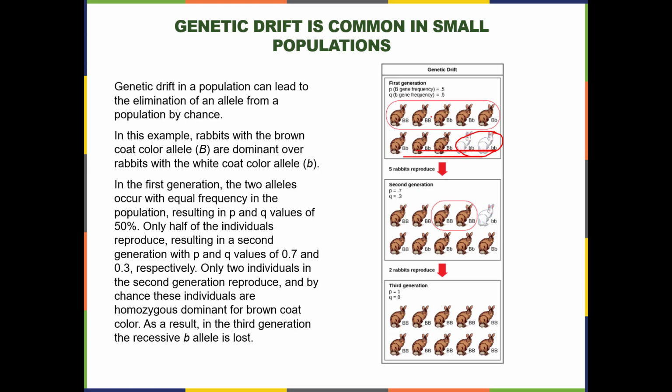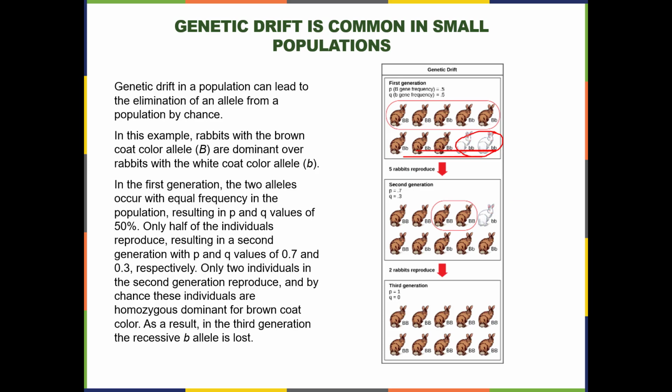In their scenario, they said, okay, what if these 5, they circled these 5 up here, are the only ones to reproduce? What might that give you? And again, this might happen. There's a million parallel universes where this could do something different. But let's say in this universe, these 5 mate.